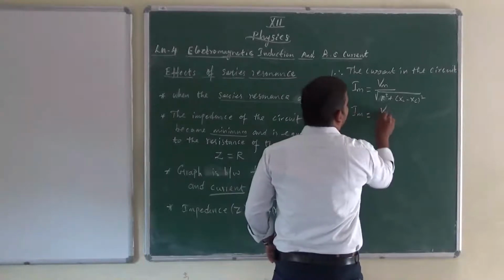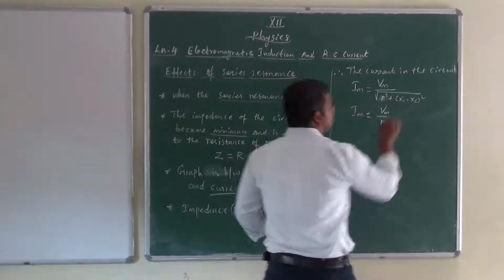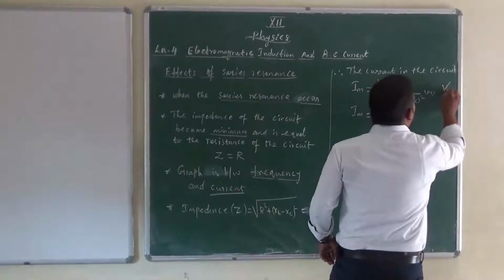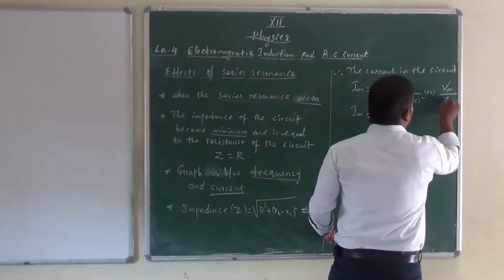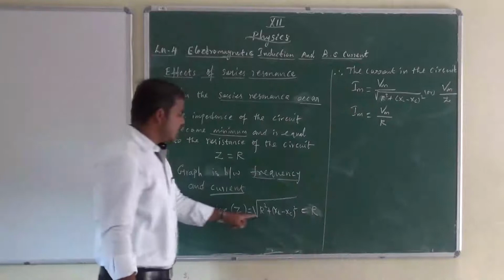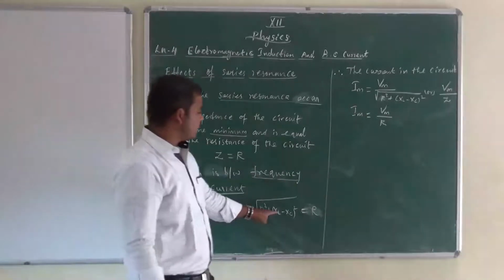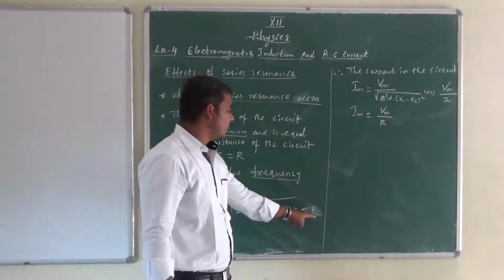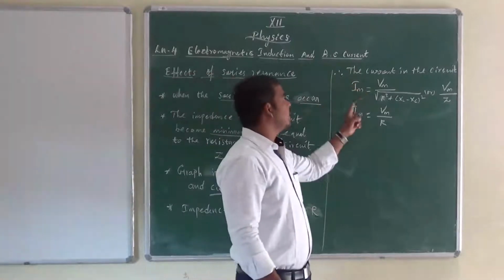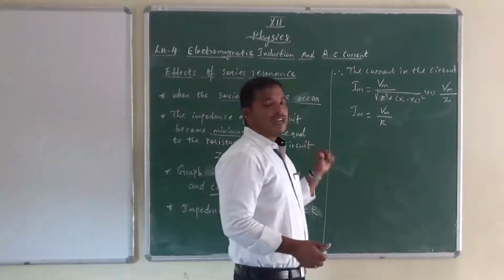Im equals Vm by R. Instead of R you can write Vm divided by Z, because here Z equals root of R square plus (XL minus XC) the whole square, equal to R.